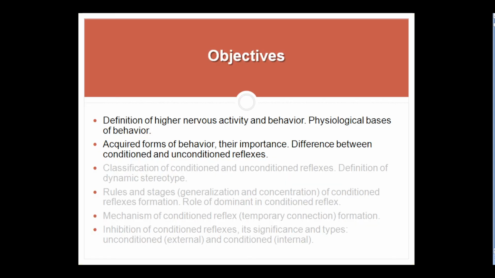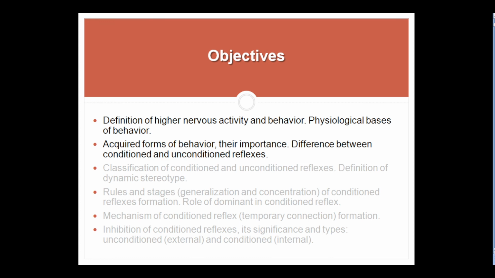So the objectives for today are: we will define high nervous activity and behavior. We will discuss the physiological basis of behavior. We will talk about acquired forms of behavior and why it is important to learn this topic. Then we will talk about the differences between conditioned and unconditioned reflexes.